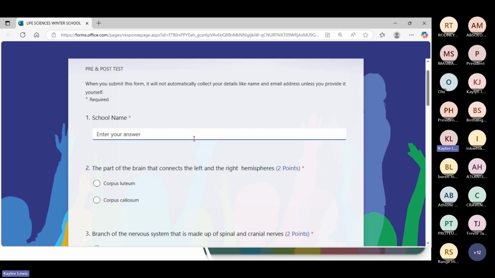So I'm going to give you 5 minutes to quickly just do this pre-test, just so you can see where you are at. And then hopefully by the end of the second session tomorrow, when we do it again, you would get more correct.